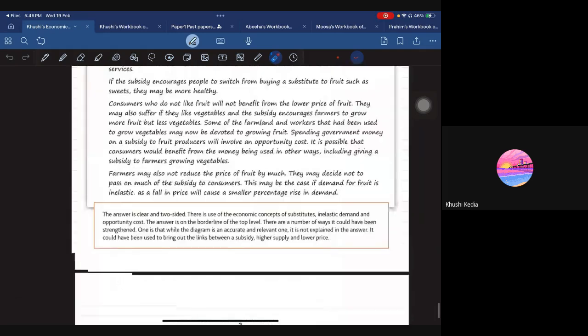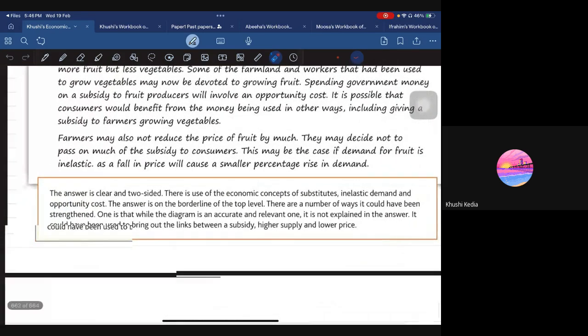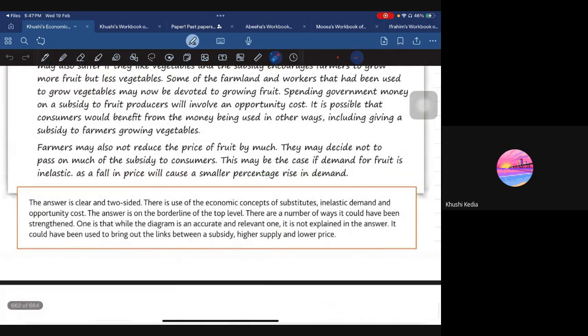Now, if you see what the examiner has said, read this. Oh, so it's balanced. It is balanced.